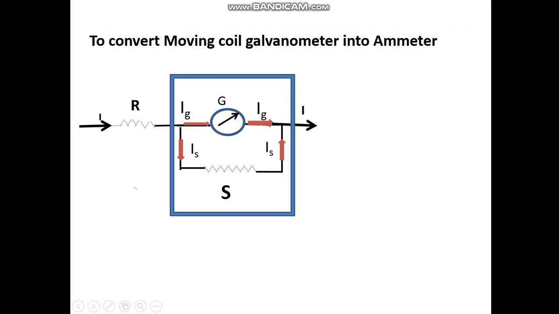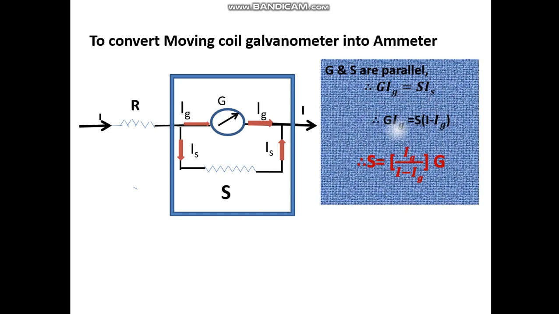To convert a moving coil galvanometer into an ammeter, we have the following equations. The voltage across the galvanometer and the shunt are the same because they are connected in parallel.